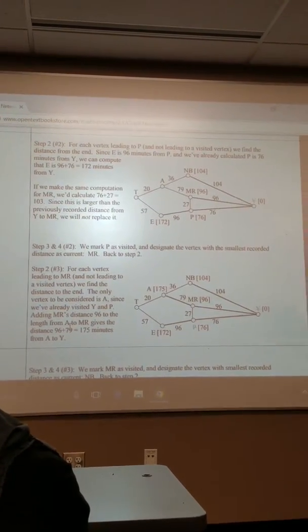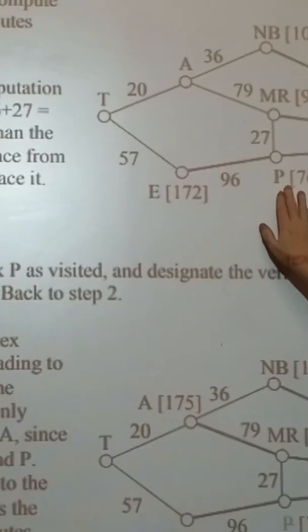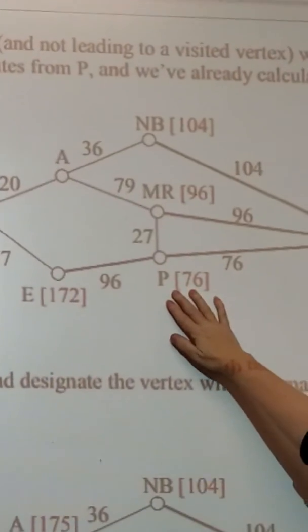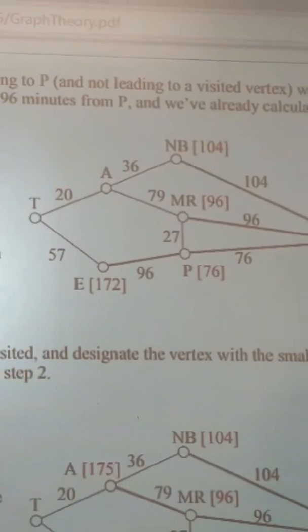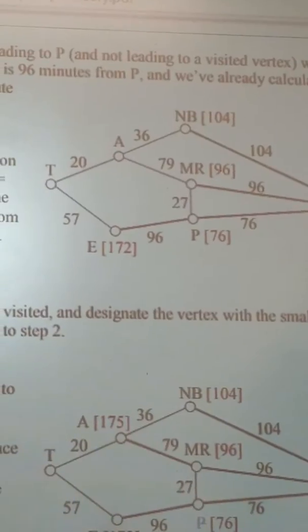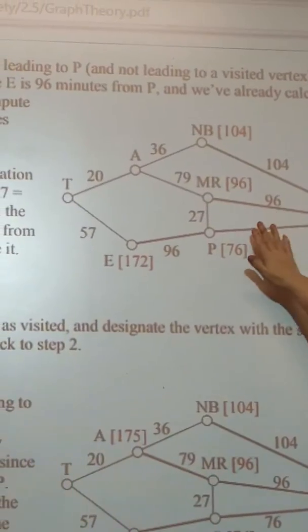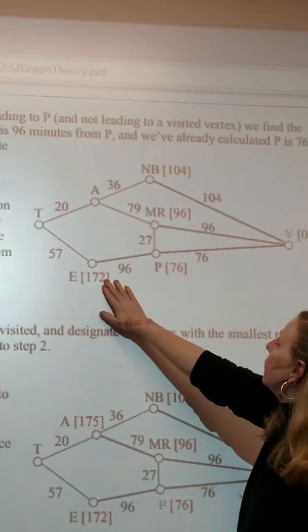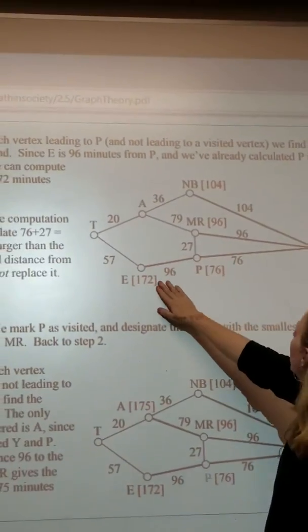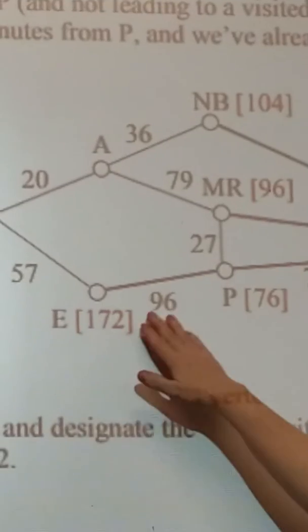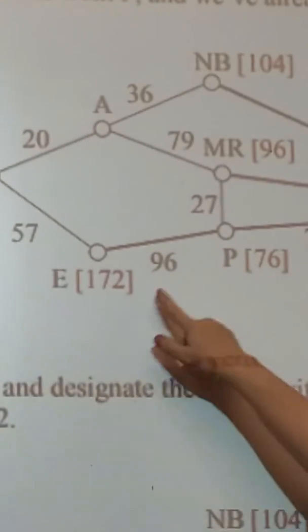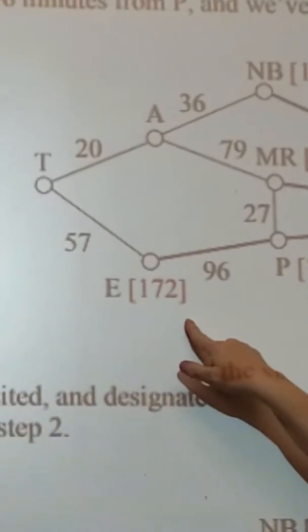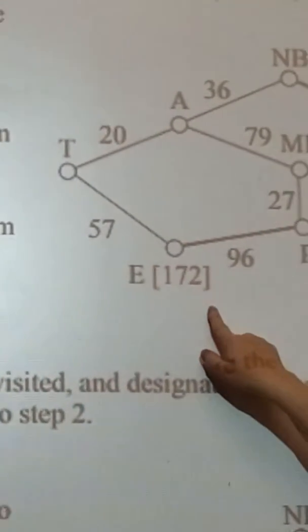So here we are, we're at P. For each vertex leading to P and not leading to a visited vertex, this is visited, we're done. We're out of Yakima now. We find the distance from the end. Since E is 96 minutes from P, and we've already calculated P is 76 minutes, E is 96 plus 76, or 172, okay, minutes from Y.